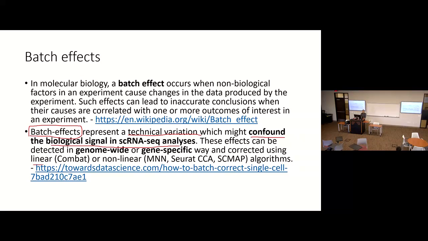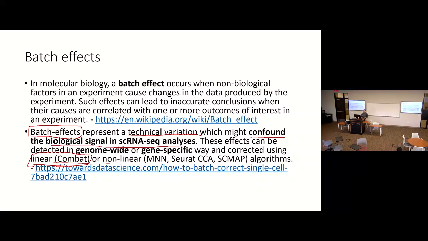So the linear method, ComBat, has been here since the beginning of bulk RNA-seq. People use ComBat to do the batch effects correction for bulk RNA-seq, even for microarray studies. But we can still use this to do single-cell batch effect correction.